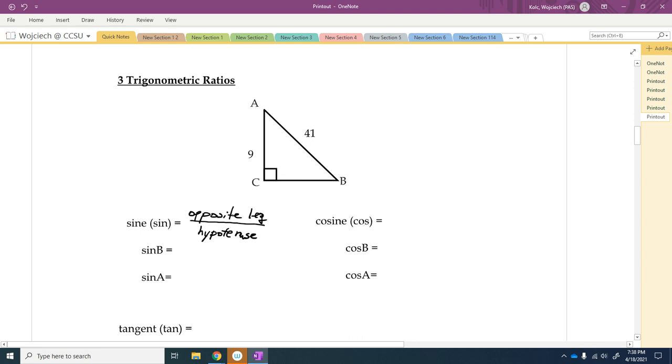Okay, so by definition, sine is the ratio of opposite leg over hypotenuse.